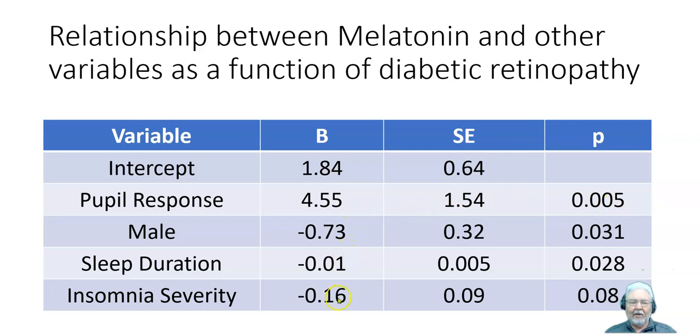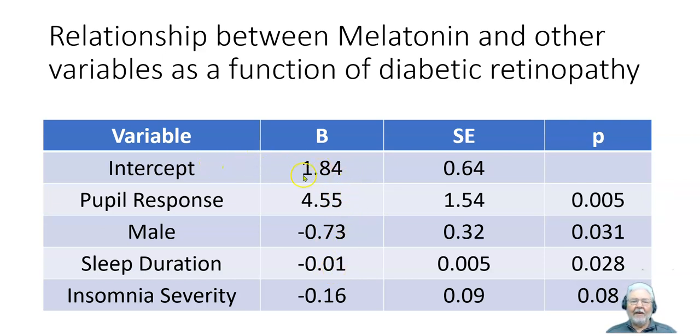They also noted that insomnia, so there was an insomnia severity scale. Well, this is only 0.08, so you can't eliminate chance in this case, but it's in the direction that the more the subject reported insomnia, the less melatonin, the sleep hormone, was secreted.